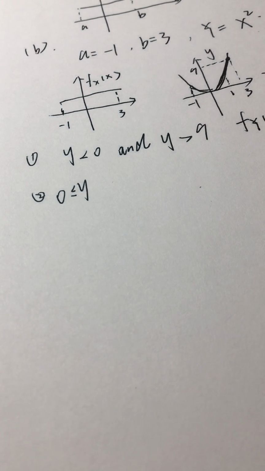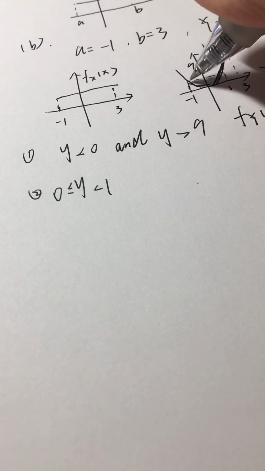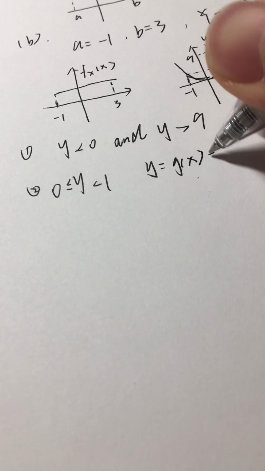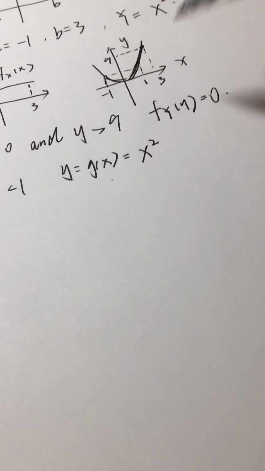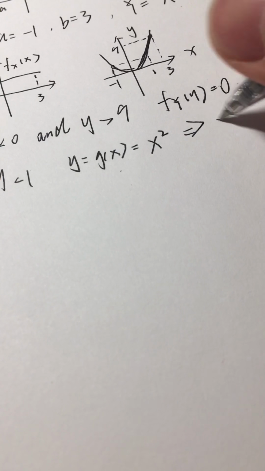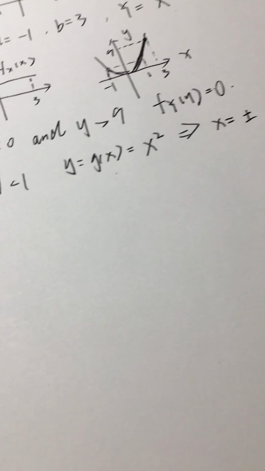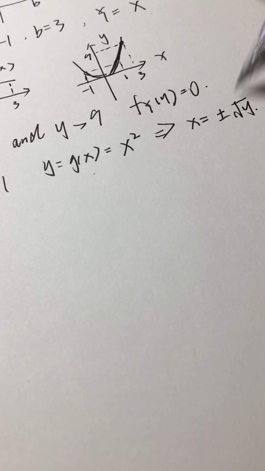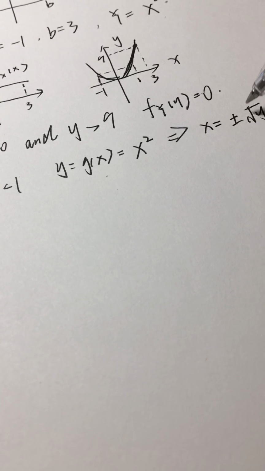When y is between 0 and 1, which is this part, there are two roots, since y equals g of x equals x to the power of 2, and x equals plus or minus the square root of y.